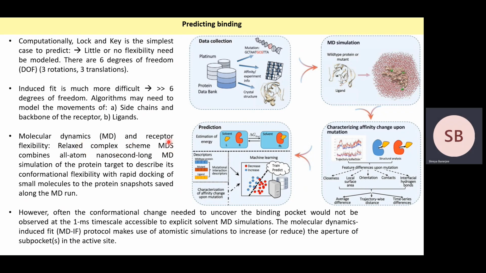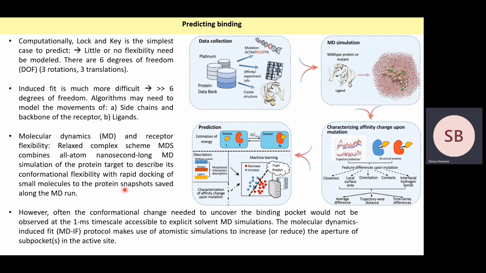Relaxed complex scheme molecular dynamics simulation combines all atom nanosecond long molecular dynamics simulation of the protein target in order to describe its conformational flexibility with rapid docking of small molecules to the protein snapshots saved along the MD run. So what does this mean?